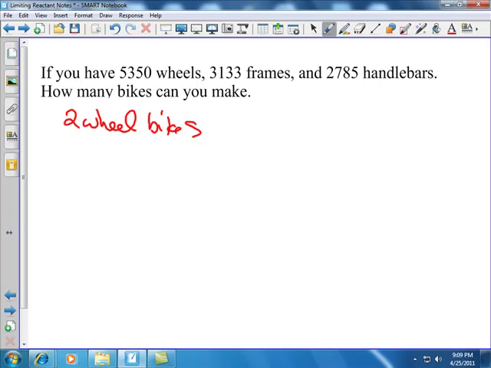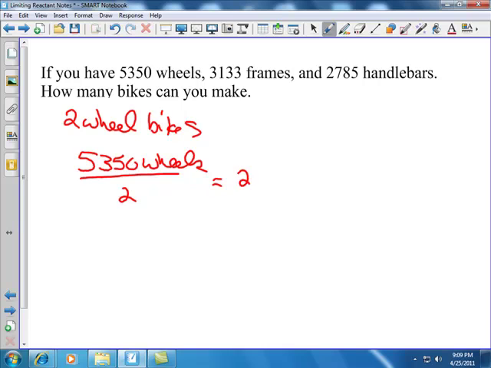So one of the first things we need to do is take this 5,350 wheels and divide that by 2 to see how many bikes we can actually make. So we're going to take 5,350 divided by 2.